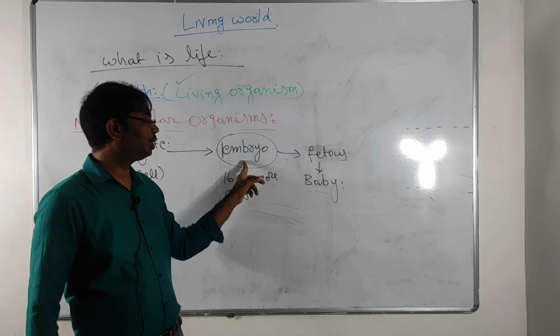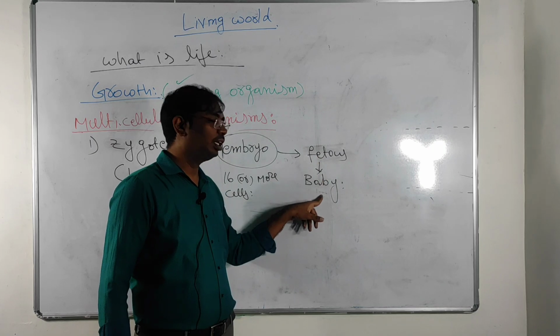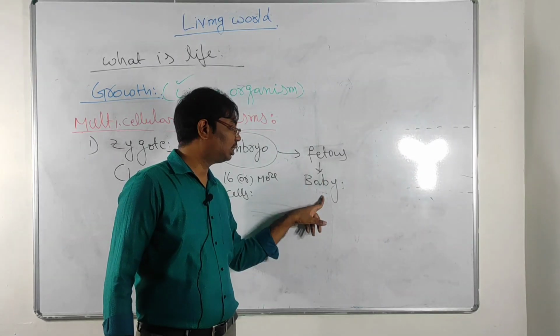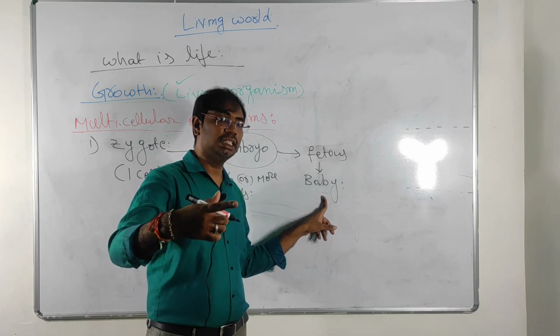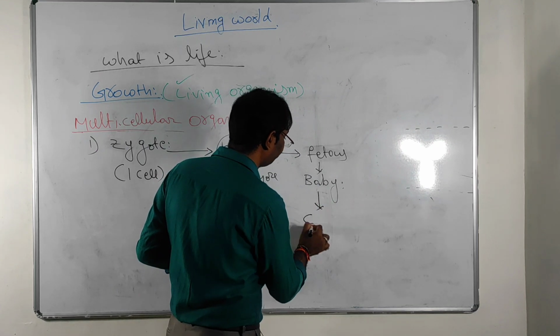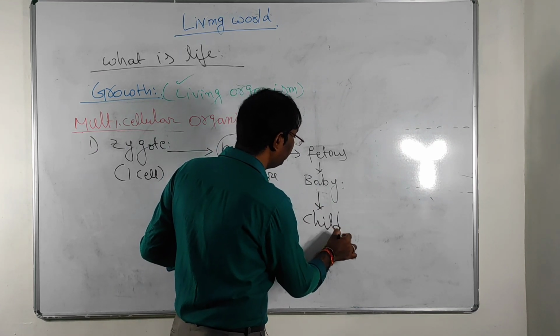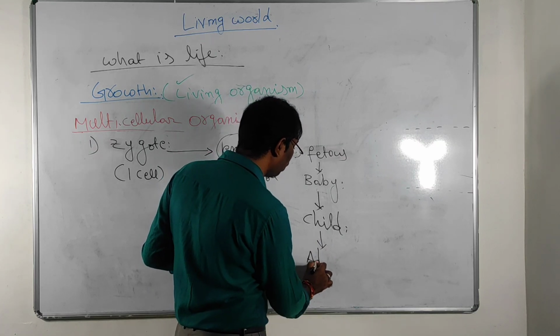The multicellular structure further increases its number and becomes the fetus. The fetus further increases its number of cells, then becomes a baby. The baby increases the number of cells in its body, then becomes a child. Then the child increases the number of cells in its body and becomes an adult.